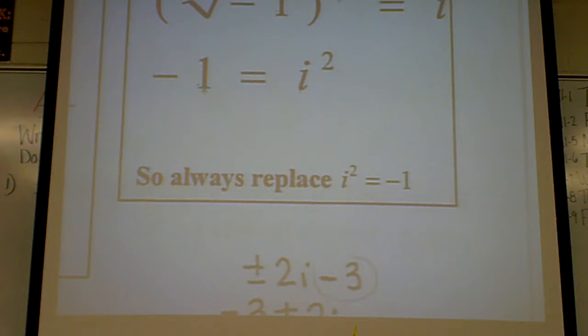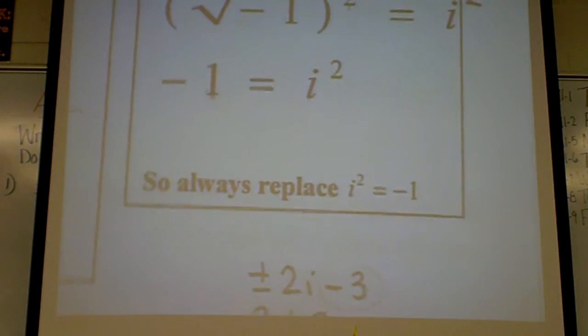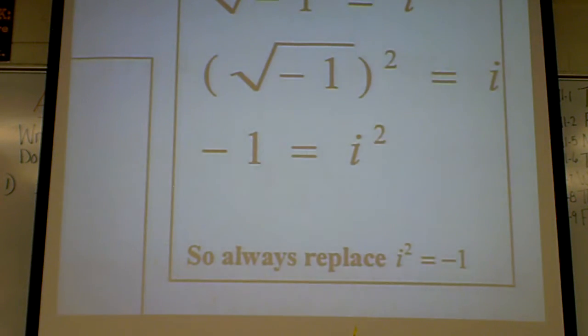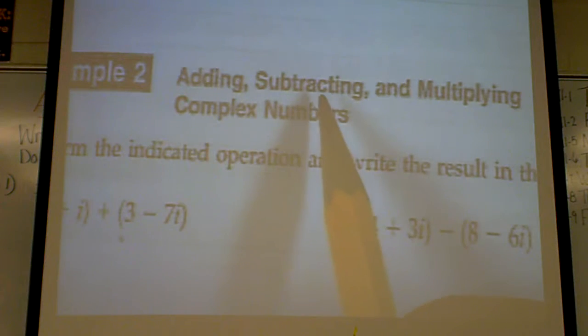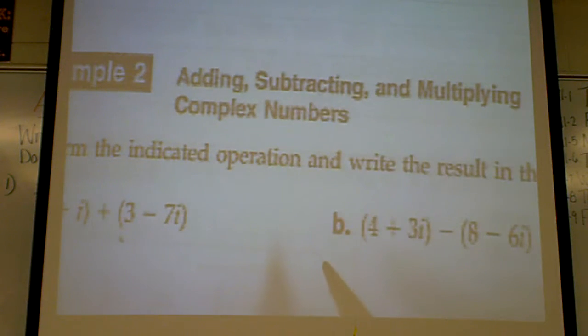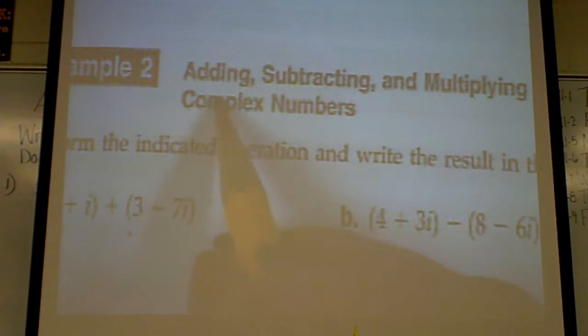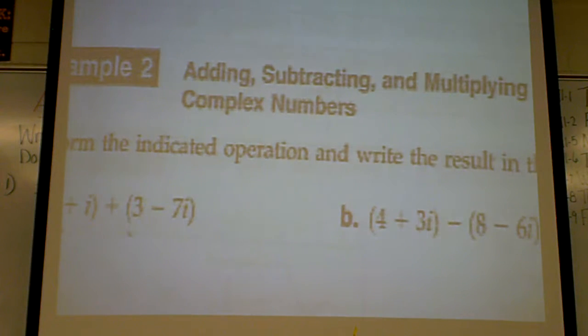Okay? Now, the next set of problems on the back page, you can add, you can subtract, you can multiply, and you can divide numbers in the complex system. You're going to treat the letter i like a variable, like x.